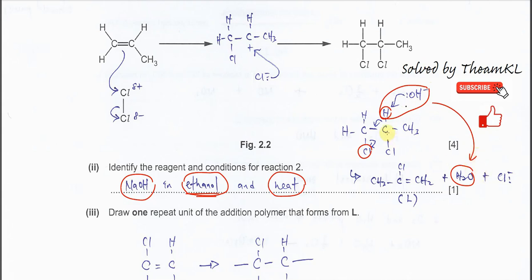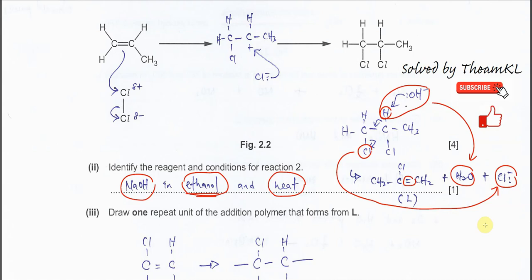And after that, the C-H bond here will break, and these electrons will move to the C-C bond to form this double bond. Once the double bond forms, the C-Cl bond needs to break. So just one arrow from this C-C bond pointing to this chlorine, and this chlorine now will form chloride.